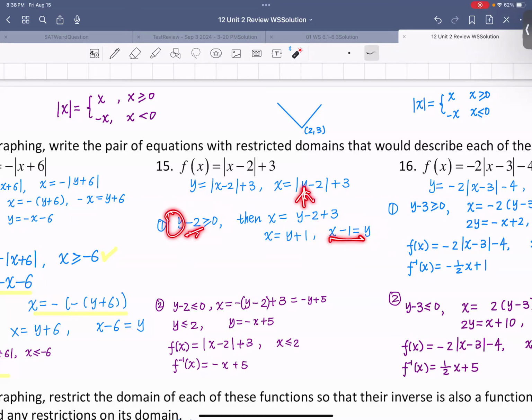And this y is the original guy's x. You switch x and y here. So this guy comes to here: x is greater than or equal to 2. Got it? So your inverse function has to be paired with the original one. Otherwise, it's not going to work. So you copy down.